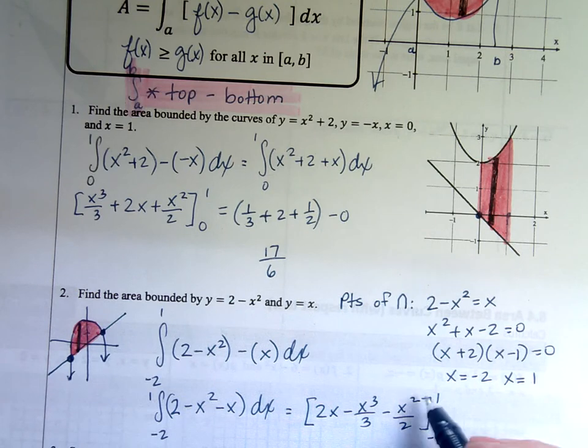Plug in the 1, plug in the negative 2, and then you end up with an answer of 9 over 2. So if they don't give you the bounds, the points of intersection, then you've got to find them for yourself. That was what made that one different.